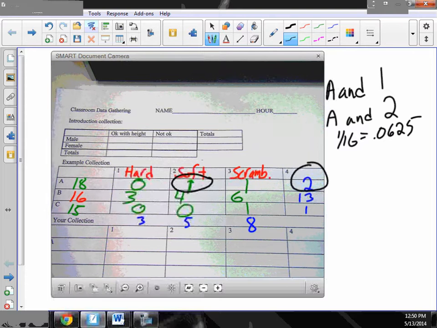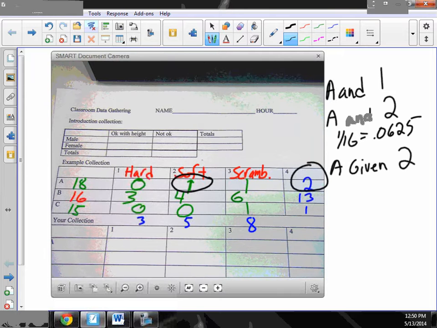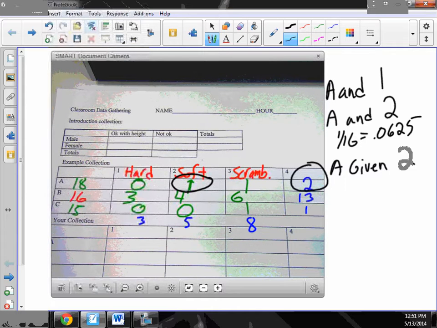Now, there's a difference between A and 2 and A given 2. So A and 2, there's one person among all 16. What about A given 2? No, we're not given A, we're given 2.